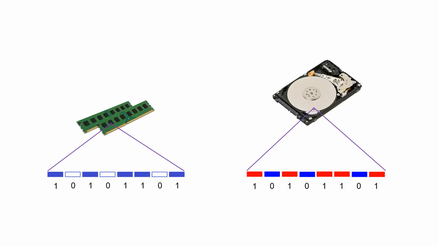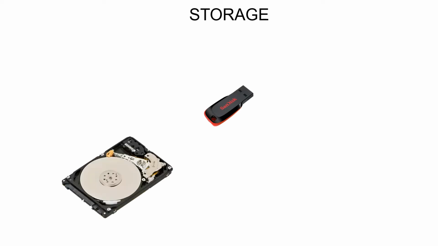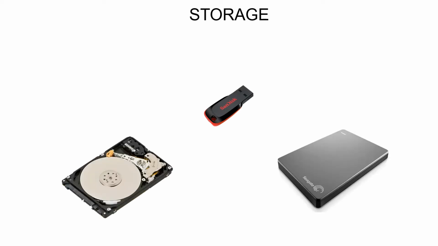Our first example will be computer storage. Whether the storage be in the form of a flash stick or flash drive, the computer's internal hard drive, or an external hard drive, we have often wanted to know, how big is it? And the answer would be something like 8 gigabytes for the flash drive, or something like 500 gigabytes for the computer's internal hard drive, or something like 1 terabyte.